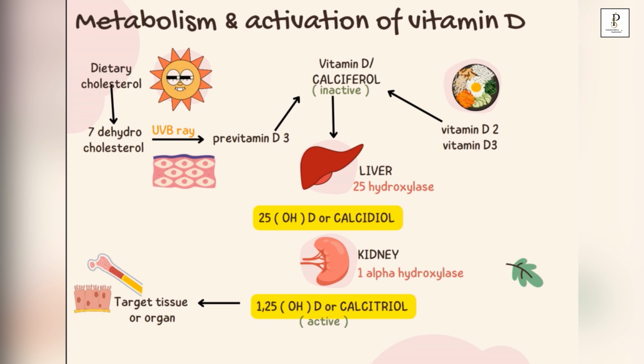Calcitriol or 1,25-dihydroxyvitamin D is an active form of vitamin D. It goes and acts on target tissues or target organs like bone, intestine, kidney, etc. One interesting thing to notice here is that 1-alpha-hydroxylase is not only limited to kidney, though a major portion of 1-alpha-hydroxylase belongs to kidney, but this enzyme is present in some amount in other cells of the body as well.